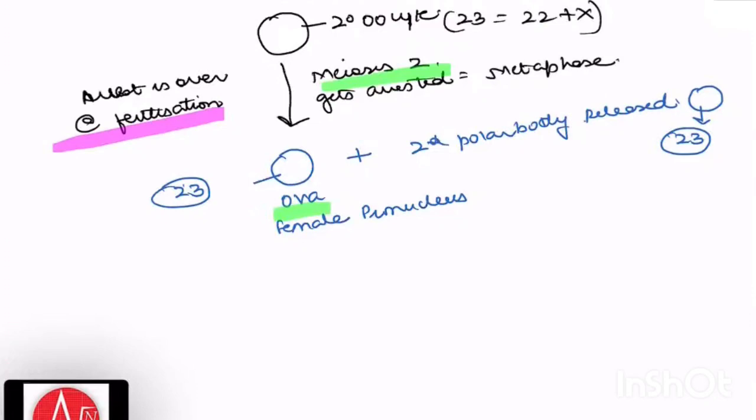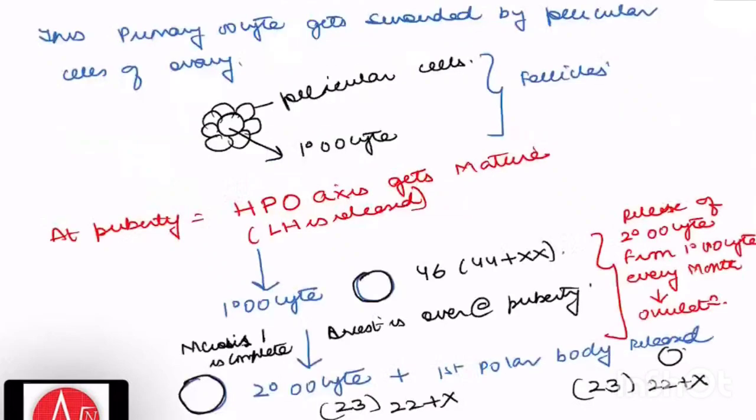Only if she is becoming pregnant, then the ova is getting released. But ovulation happens every month, right? So ovulation जो होता है वो every month होता है, and ovulation का मतलब है release of secondary oocyte from primary oocyte every month.